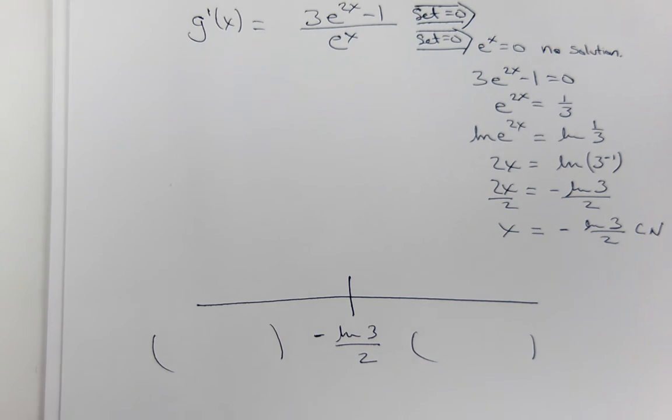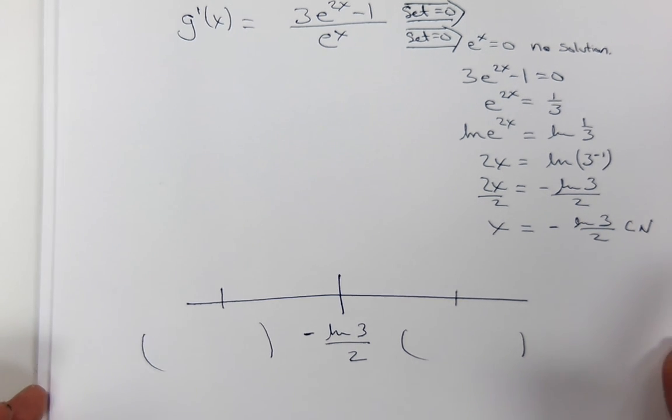Once you do that, you'll test a point here in the first derivative to find out if you're increasing, and test a point over here in the first derivative to find out if you're decreasing. Remember, if the first derivative is positive, you're increasing. If the first derivative is negative, you're decreasing on that interval. Okay, sorry to not be able to finish this one, but I think I got you as far as you need here.